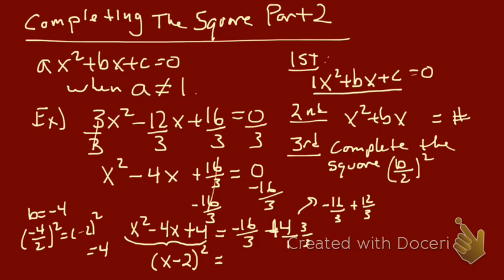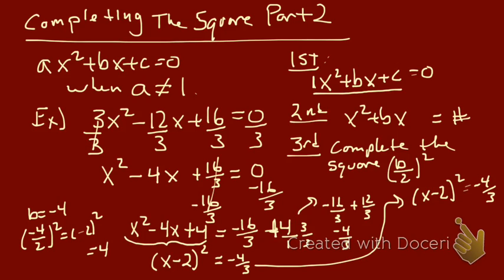Negative 16 plus 12 is negative 4. So I'd really have negative 4 thirds in that particular instance. From here, I have x minus 2 quantity squared equals negative 4 thirds.